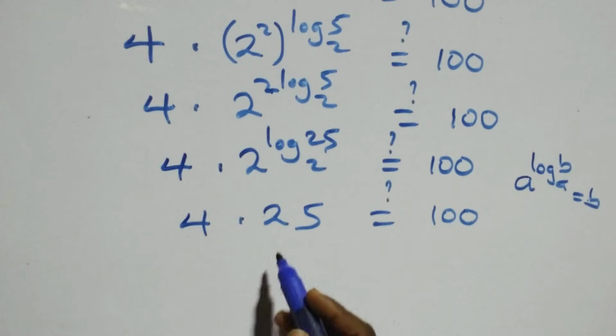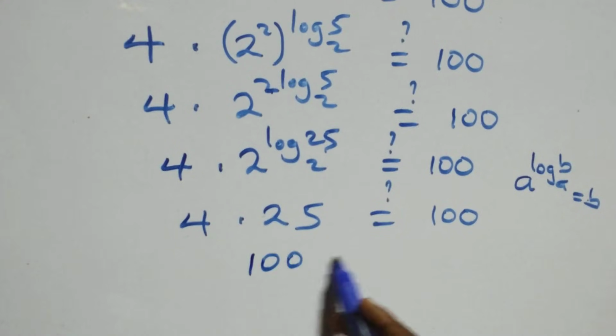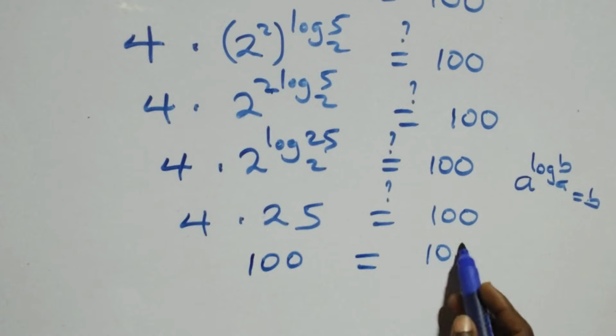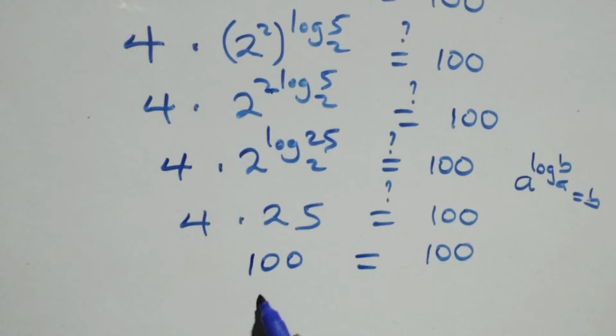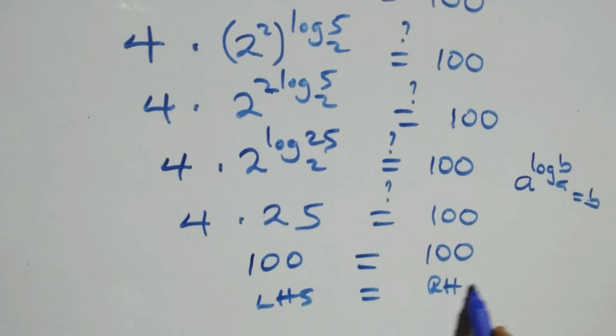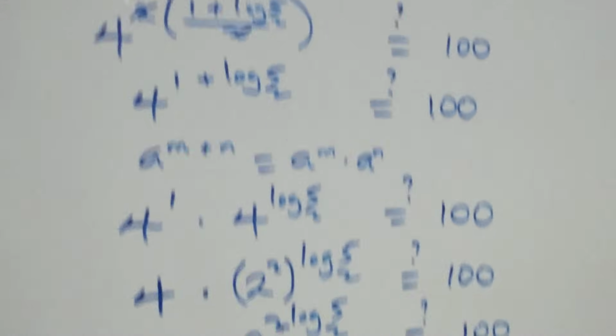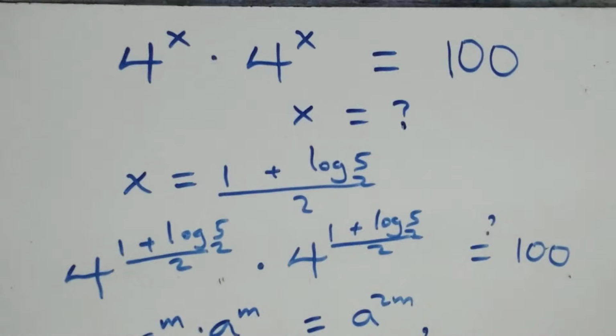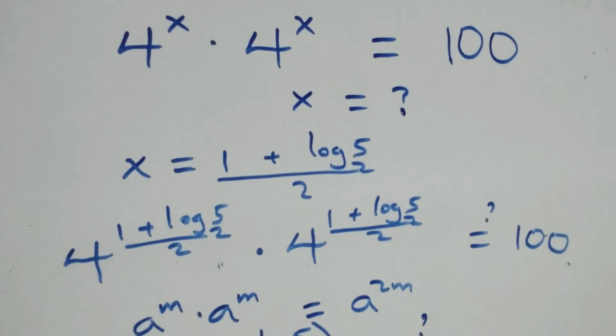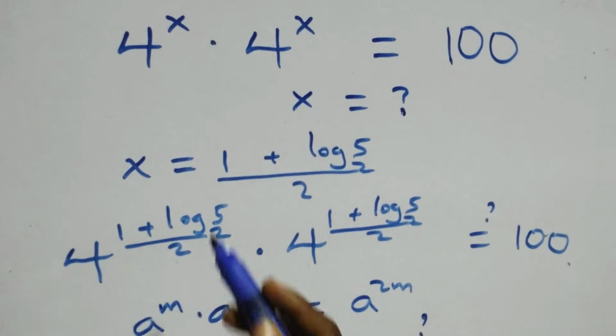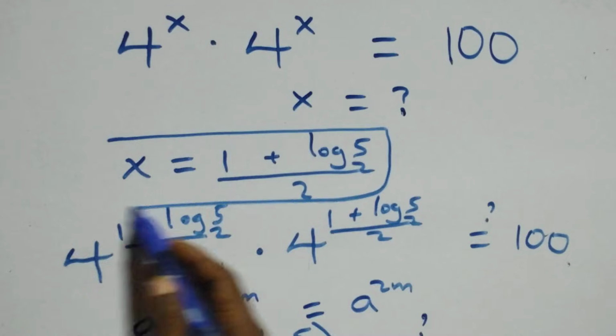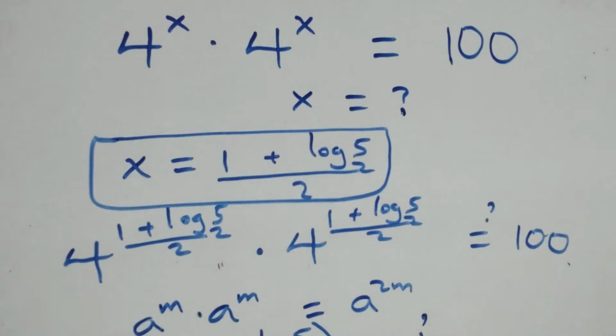That is, 4 times 25 is 100, which equals 100. We have left hand side equals right hand side. Therefore, we conclude that x equals 1 plus log 5 base 2 all over 2 satisfies this given problem.